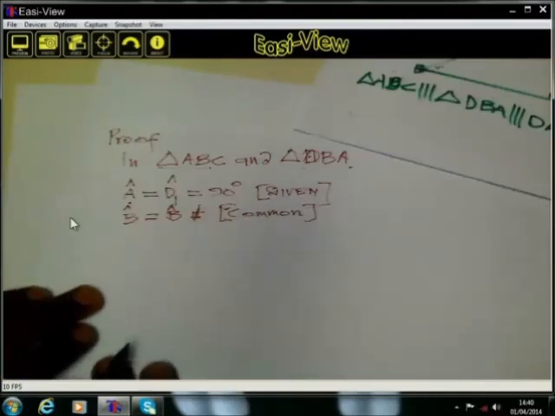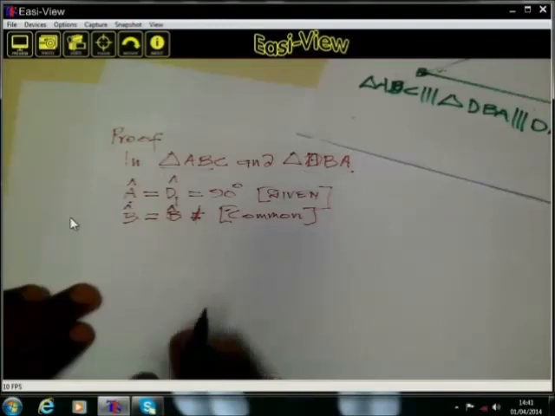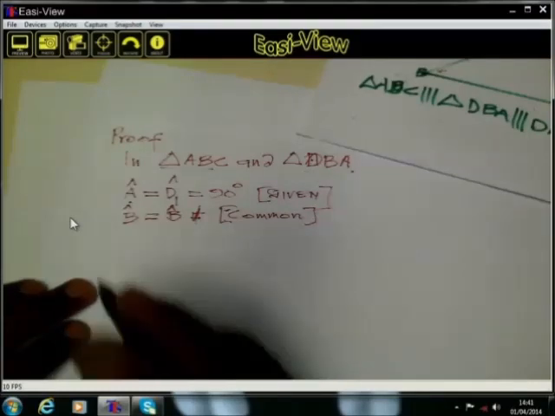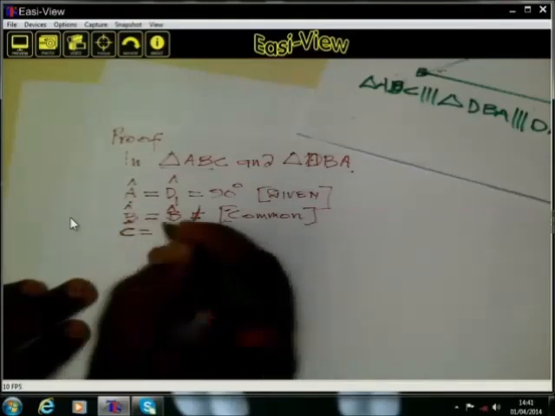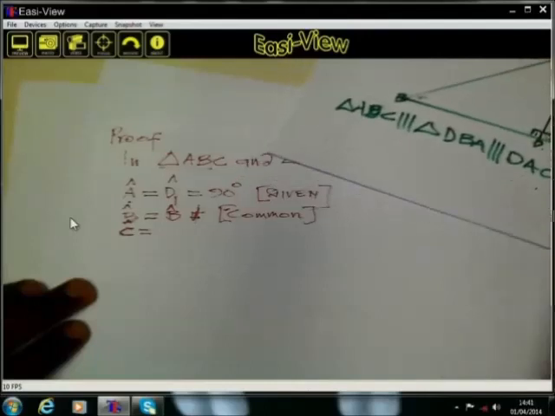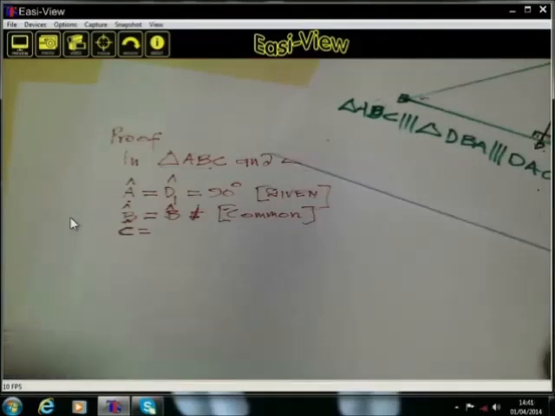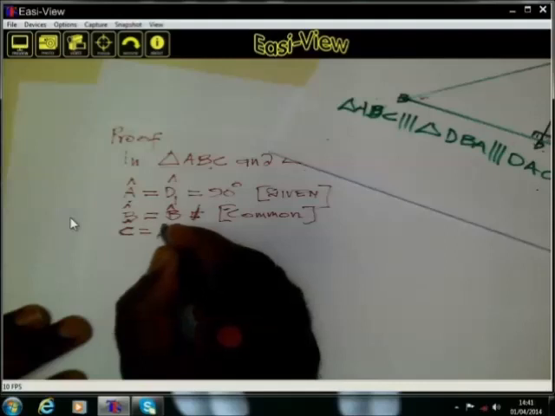Fine. Then let's have a look at angle C. What is it that we can say about angle C for triangle ABC? Angle C of triangle ABC must be equal to A1 of DBA.